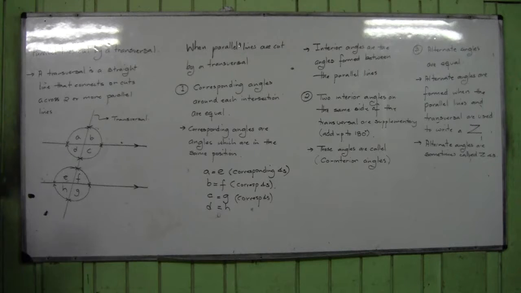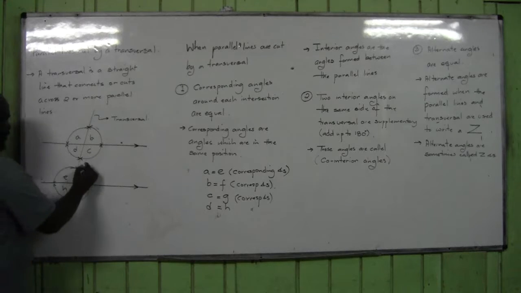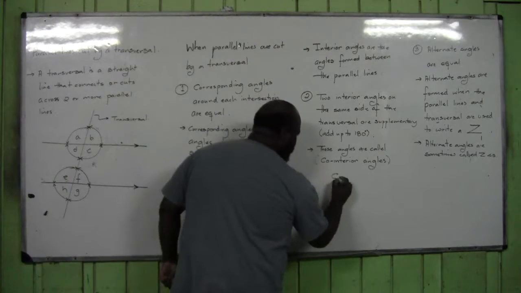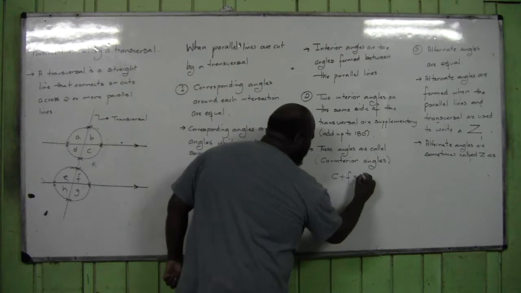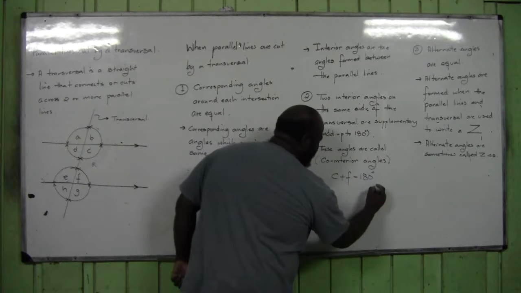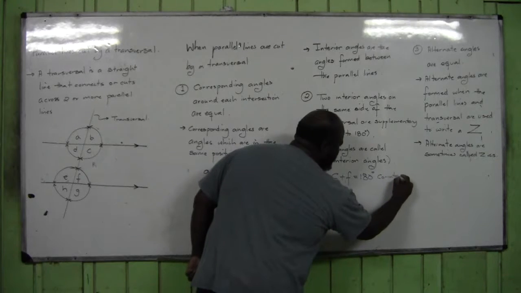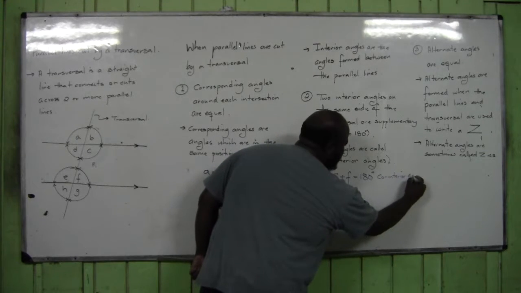Which two are on the right hand side of the transversal? C and F. So C plus F is equal to 180 degrees. They are co-interior angles.